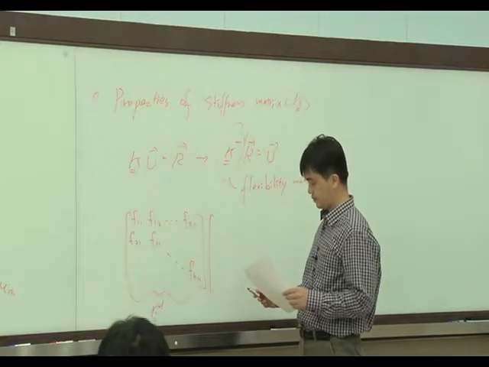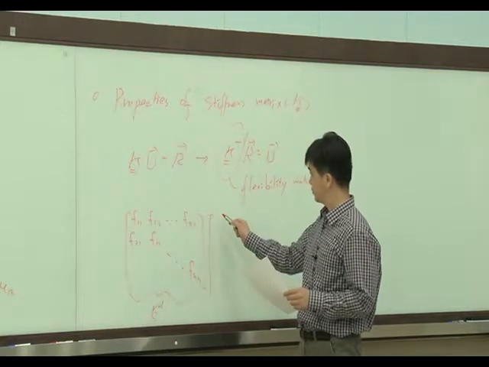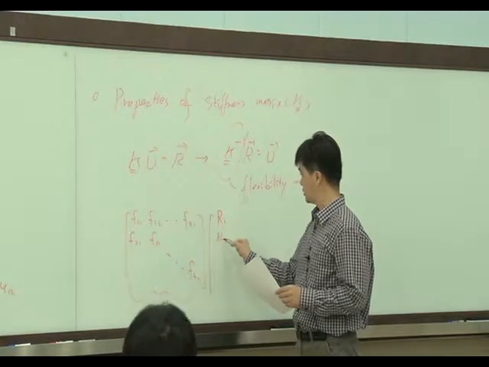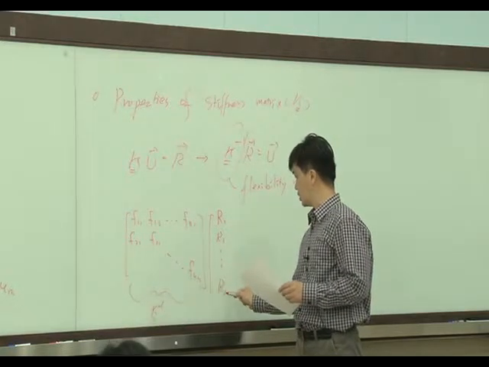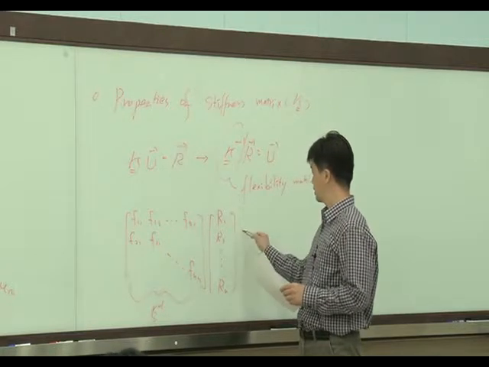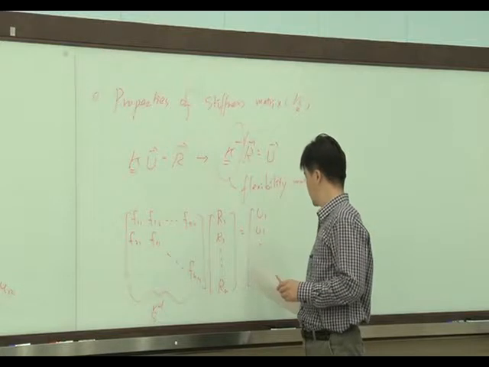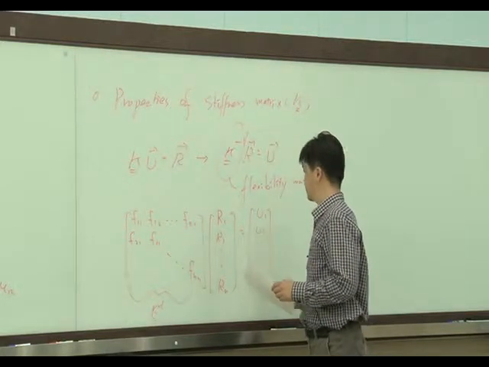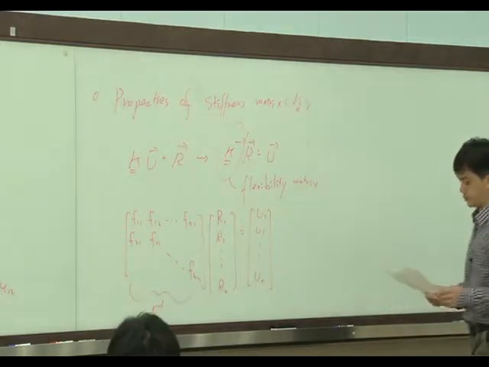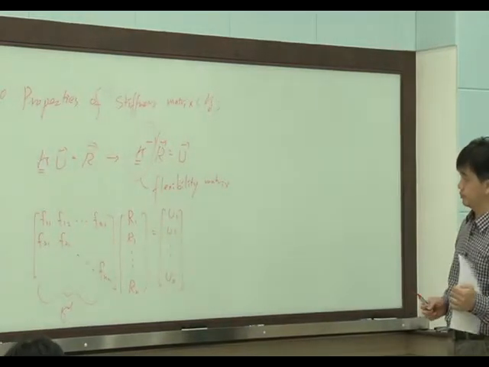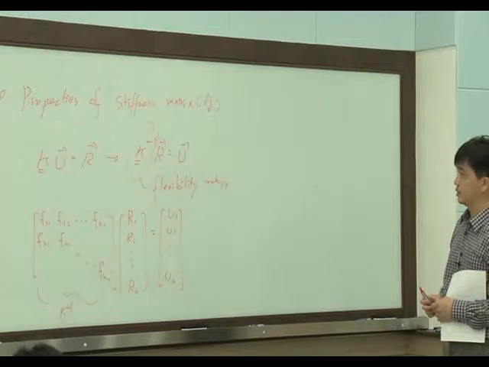And here R1, R2, Rn. And here U1, U2, Un. Right?